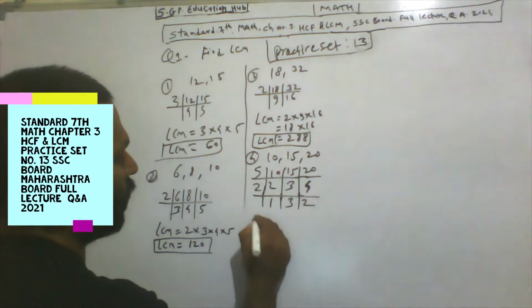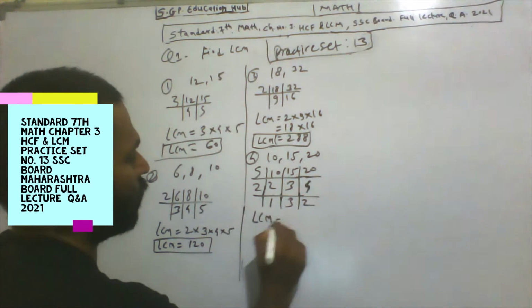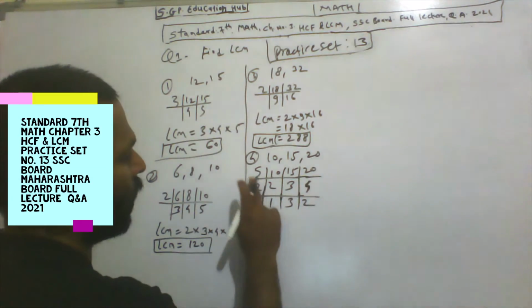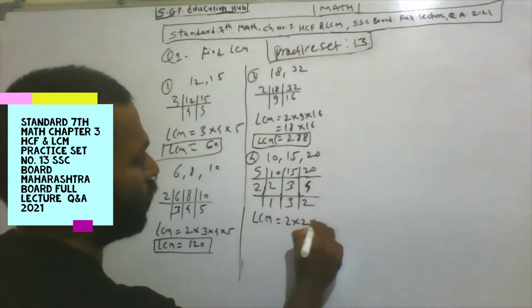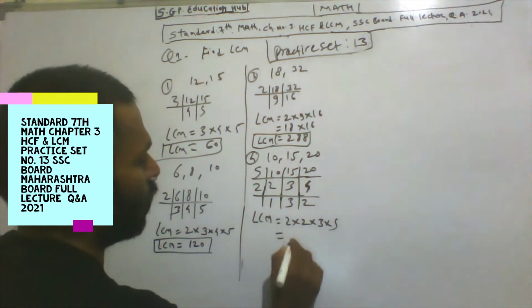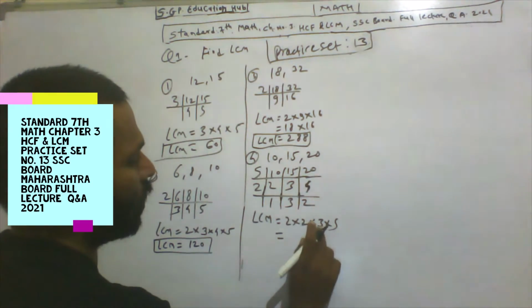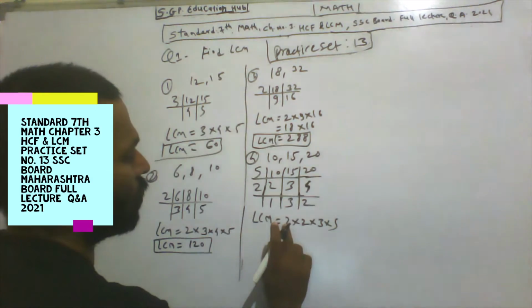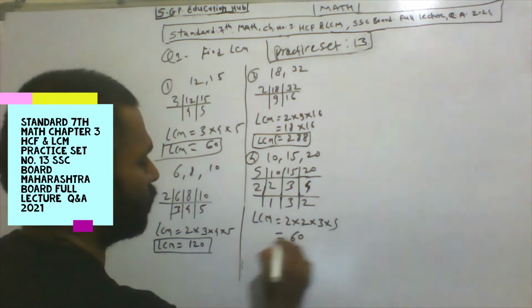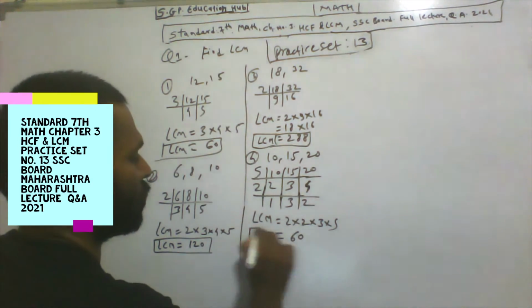So LCM is 2 two times, 3 one time and 5 one time: 2 into 2 into 3 into 5. 2 into 2 is 4, 4 into 3 is 12, 12 into 5 is 60. 60 is the answer.